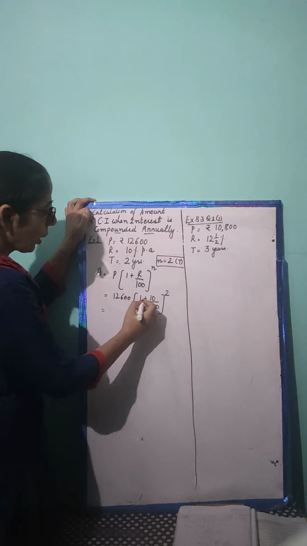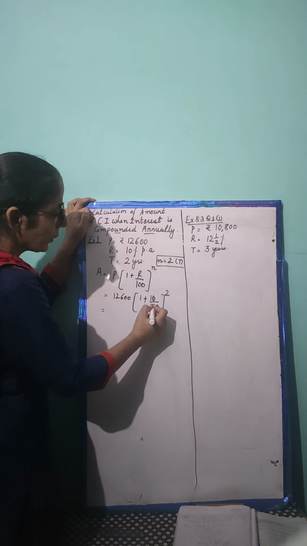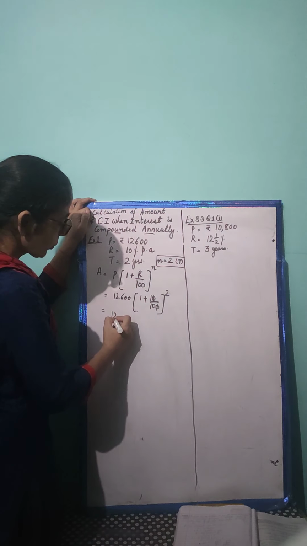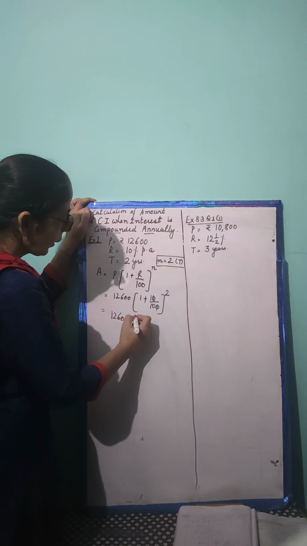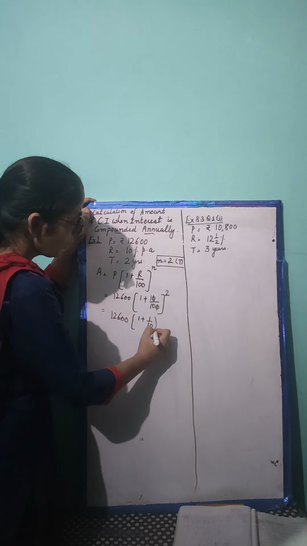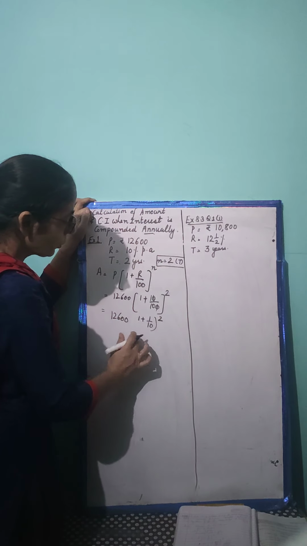So 12,600 into (1 plus 1 by 10) whole raised to power 2, after cancelling because 10 upon 100 is there.